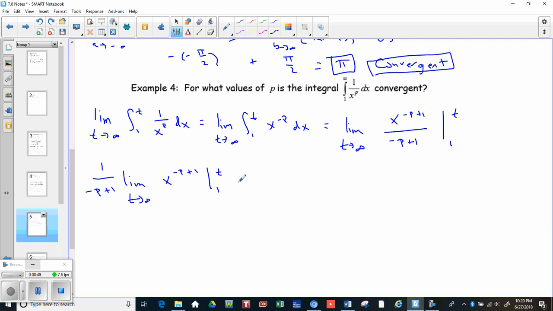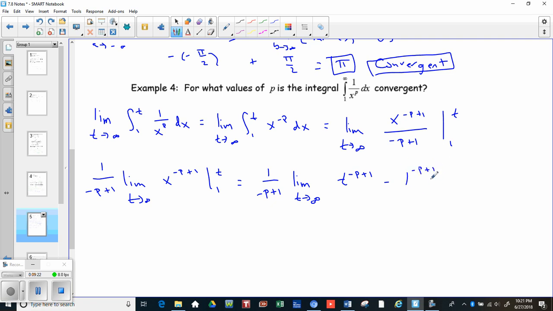Now we can go ahead and evaluate. So we get 1 over negative p plus 1. Plugging in t, remember t goes in for x, not for p. X is the variable here. Limit as t approaches infinity of t to the negative p plus 1 power minus, plugging in 1 for x, I get 1 raised to some power.